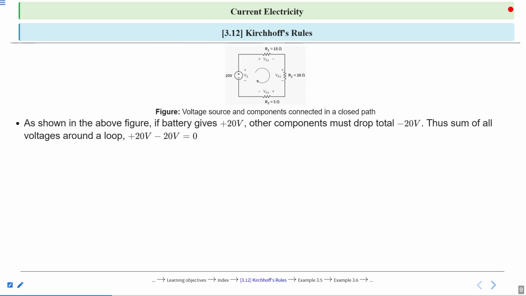Some potential drop at R1, some at R2, some at R3, combined should give minus 20 volt.